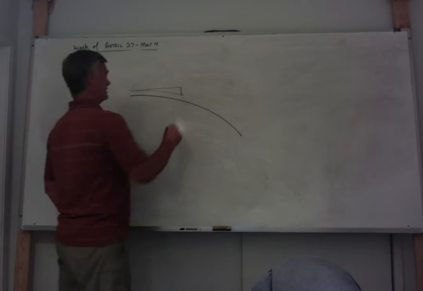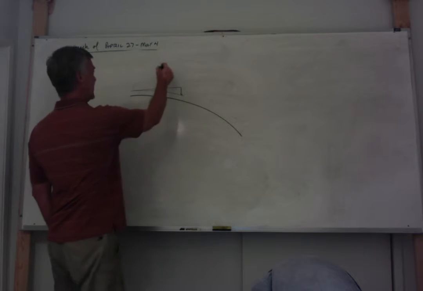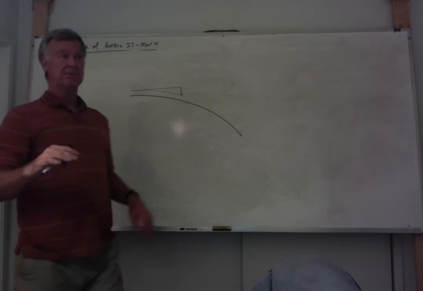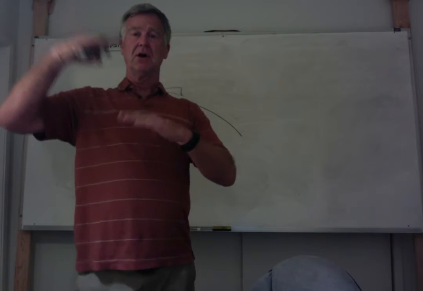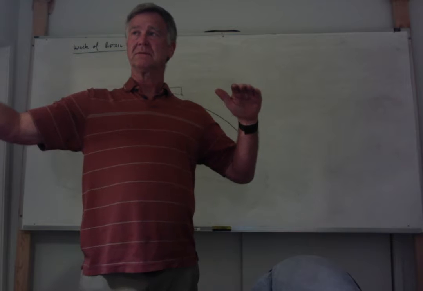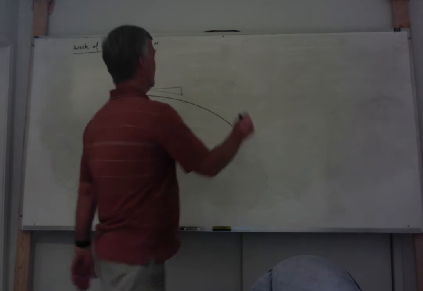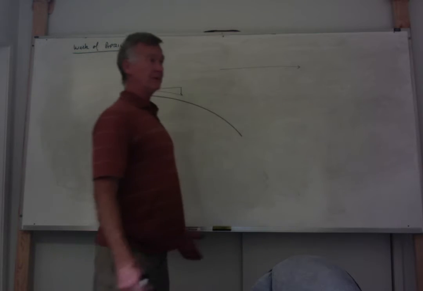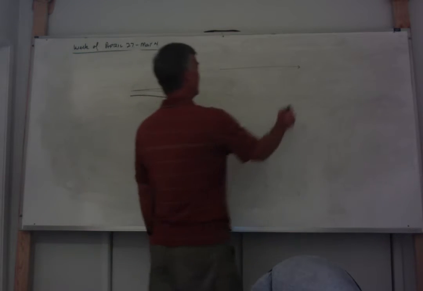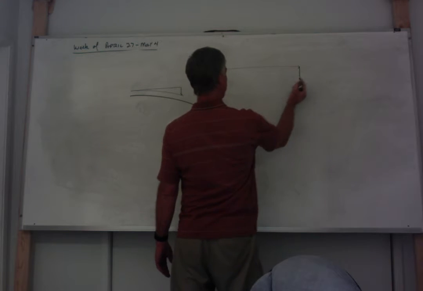It turns out that the Earth drops 4.9 meters over 8,000 meters. So if you go out 8,000 meters, 8 kilometers, about 6 miles, the Earth actually drops about 15 feet.